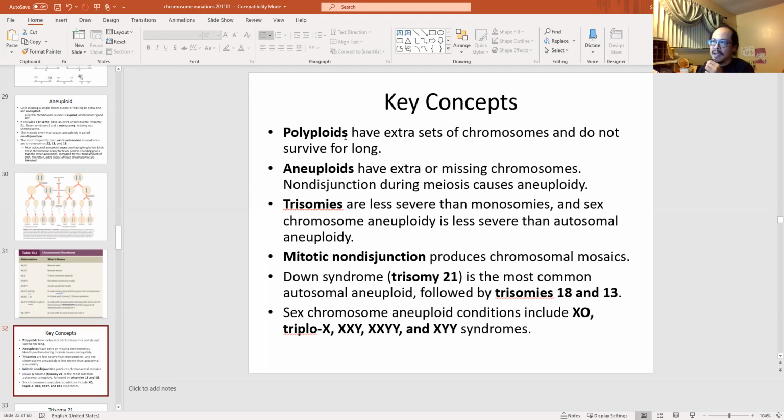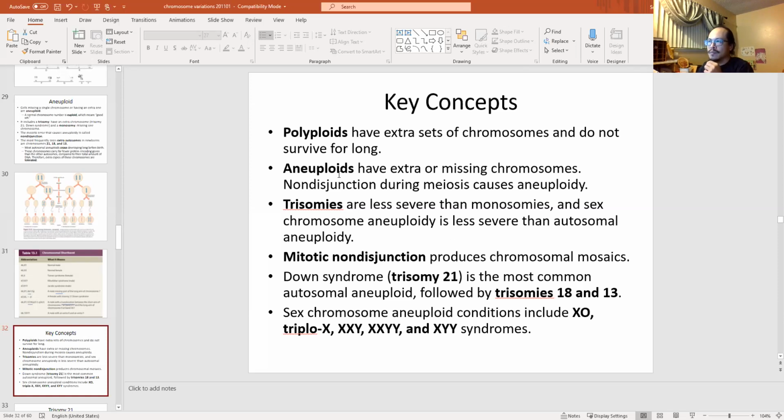This usually does not happen because the infant won't survive, even before birth. The more commonly seen one is the aneuploid. One of these aneuploids is the trisomy. The most common trisomy is trisomy 21, followed by trisomy 18 and 13.